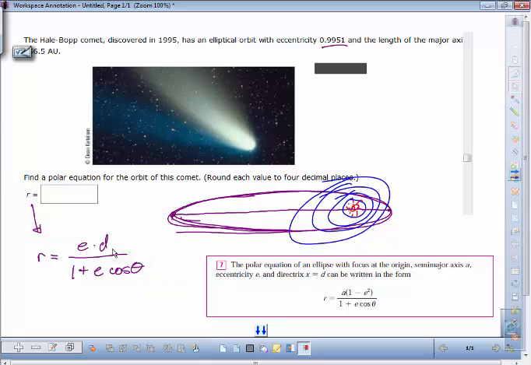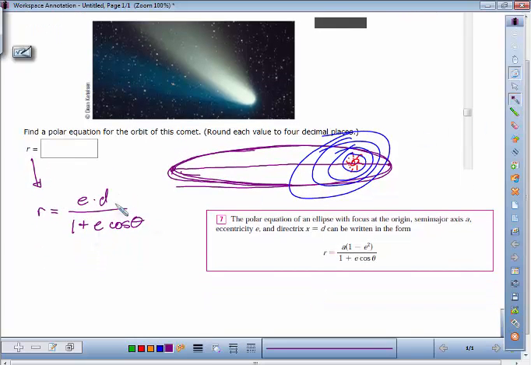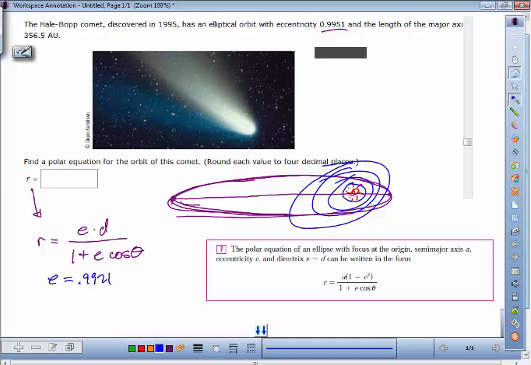So it looks like the directrix D can be written in terms of the eccentricity and the length of the semi-major axis. So we can just use this formula, I think. So if we do that, we know our eccentricity and we know the length of our semi-major axis. Oh, this is a 5. So A is equal to 356.5.